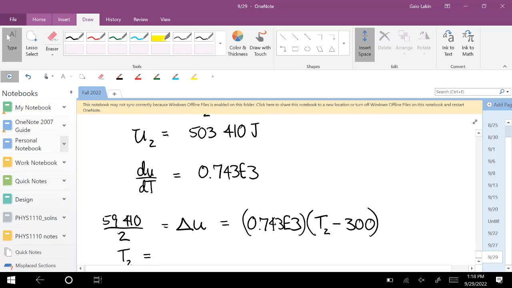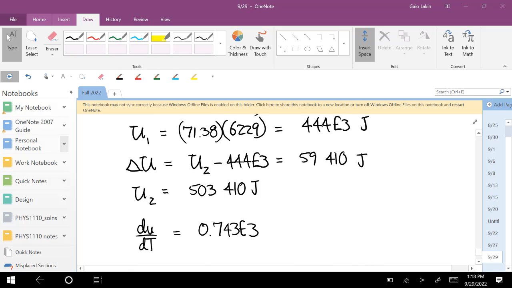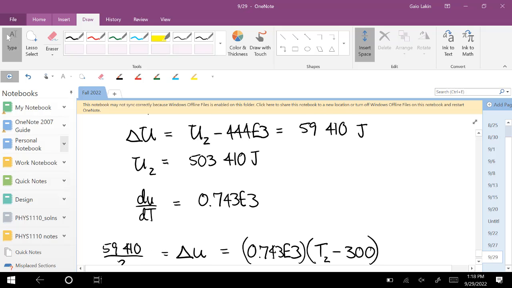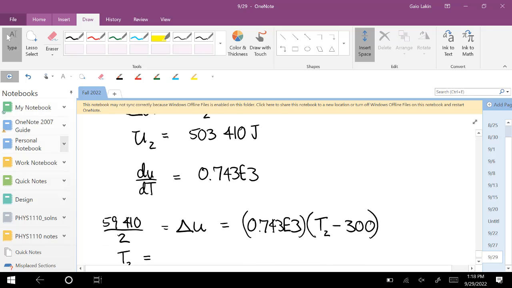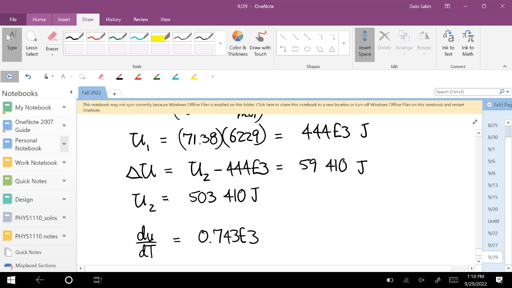For which one? I'm just confused why you divided that 59,410 over 2. Because this specific heat equation is the specific internal energy, and what we calculated was the actual internal energy. The 59,410 was in joules.